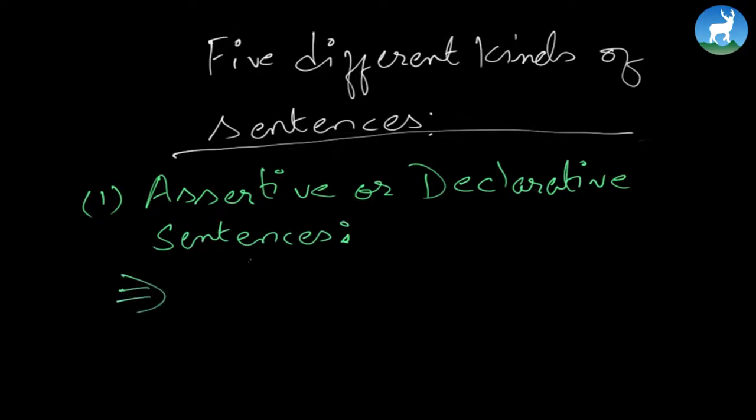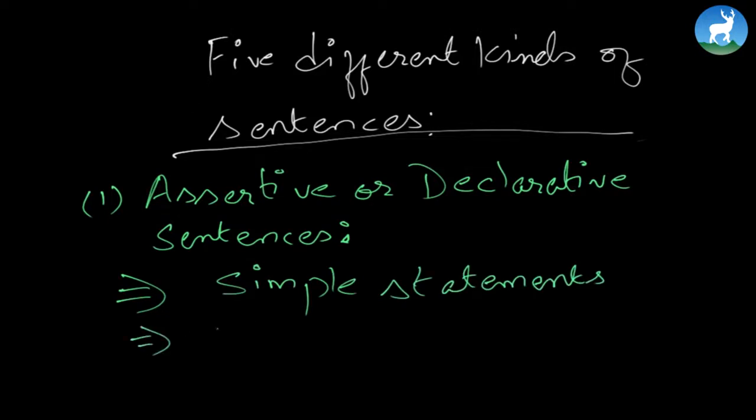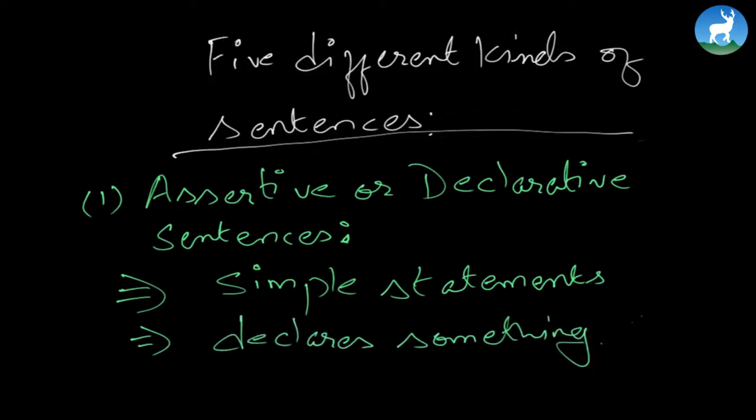As per the title itself, these are sentences which make simple statements and which declare something. A sentence which declares something is what we call an assertive or declarative sentence.